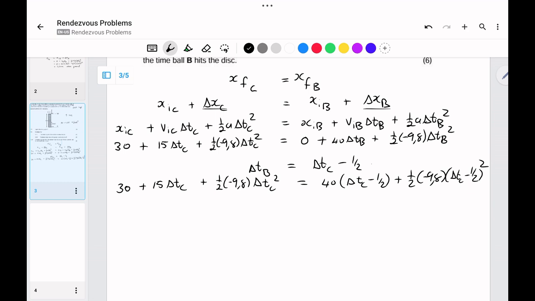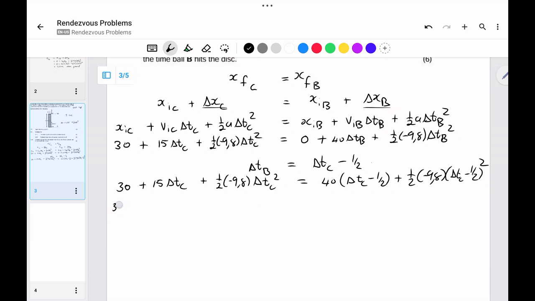Okay, let's go and simplify this equation so that we can solve it. 30 plus 15 delta t C. Now 1/2 times minus 9.8 is minus 4.9 delta t C squared. Okay, now I'm going to distribute the 40 into the bracket. 40 times delta t C is 40 delta t C. 40 times 1/2 is minus 20.